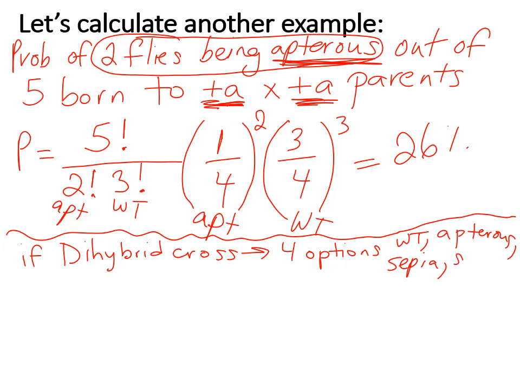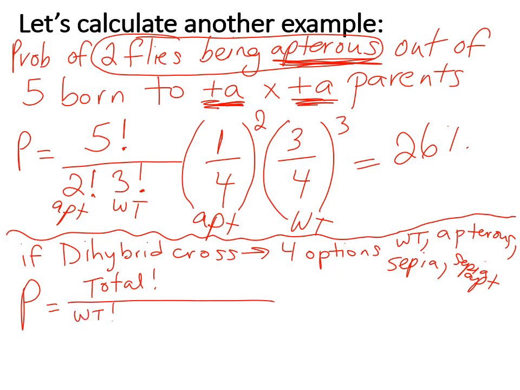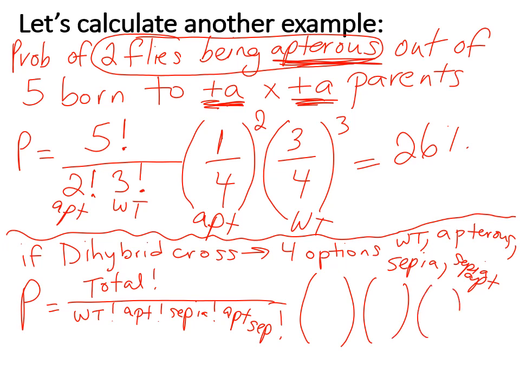So you have the double mutant. Okay? And so if you would do that, you would have P equals total on top, and then you would have wild type number factorial, you would have apterous factorial, you would have sepia factorial, and you would have apterous sepia factorial. And then you would have the 4 fractions.